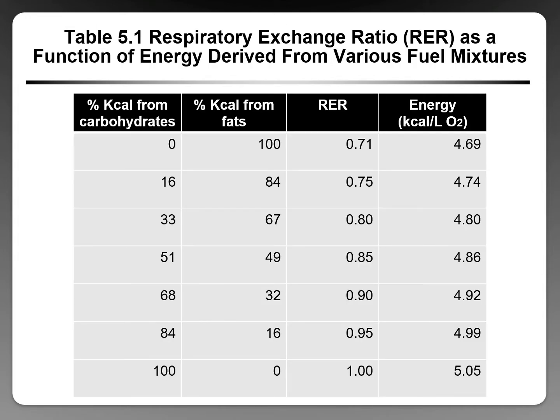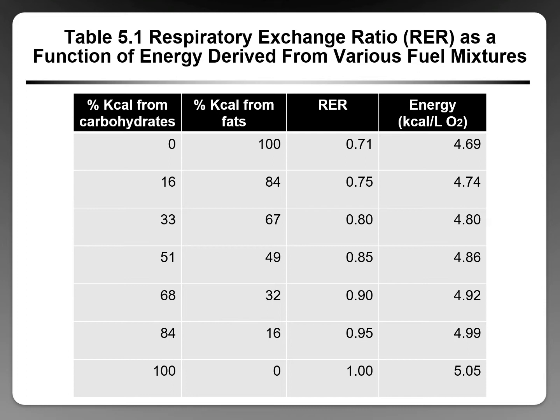So this is a table comparing the percentage of calories from carbs and the percentage of calories from fats to the RER. So you can see at the top of the table, in an ideal situation where we're using exclusively fats, our RER would be 0.71.